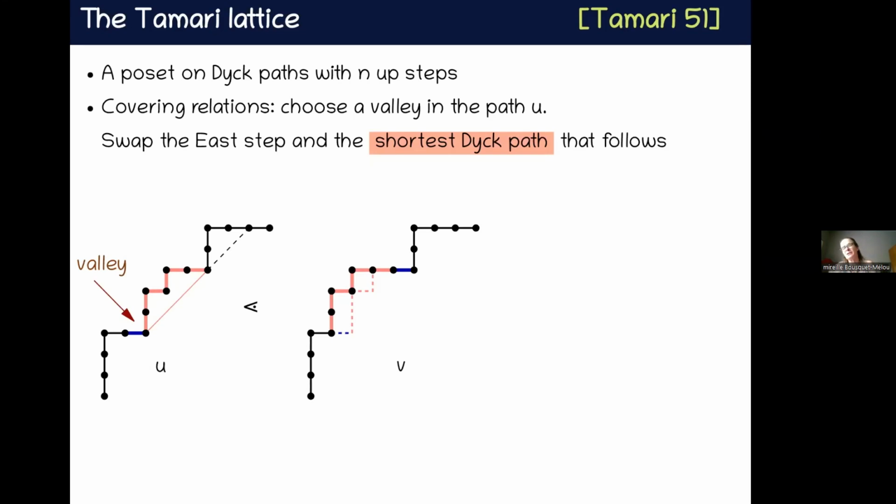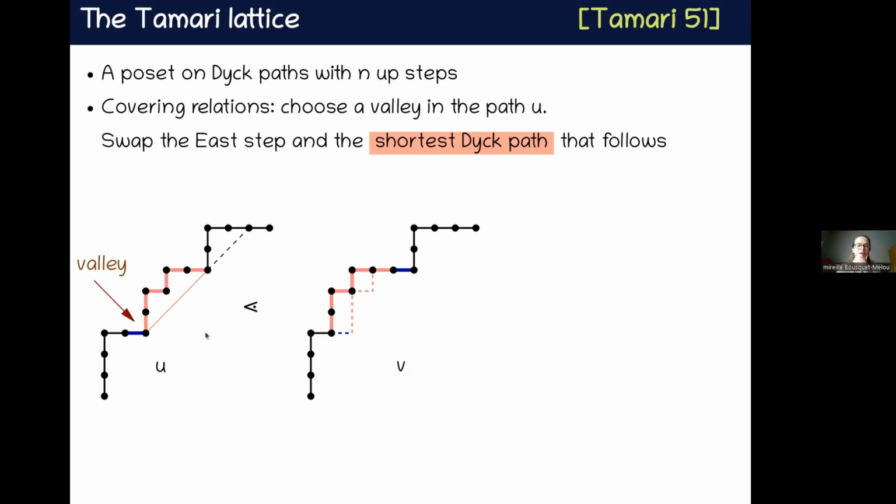It can be defined on various objects like binary trees, but here I'm sticking to Dyck walks, Dyck paths. So I take again the set of Dyck paths having n steps, and I will define this poset by giving its covering relations. So here you have a path U, and again, you will have a cover of U for every valley.